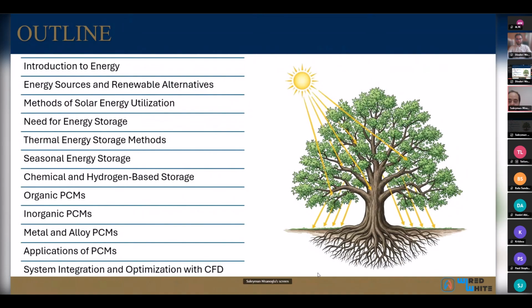Energy continuity is incredibly important to us. After that, we will continue by explaining thermal energy storage method and examining different type of PCM, phase change material. I will especially touch on domestic application of PCMs and then we explore phase change using ANSYS Fluent. We will even do a demo together.